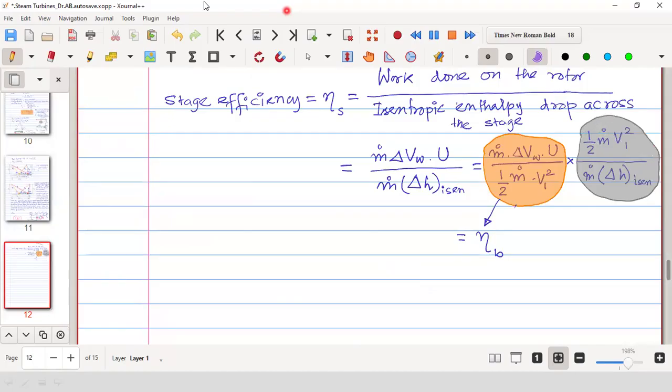Therefore, the stage efficiency is the product of the blade efficiency and the nozzle efficiency.